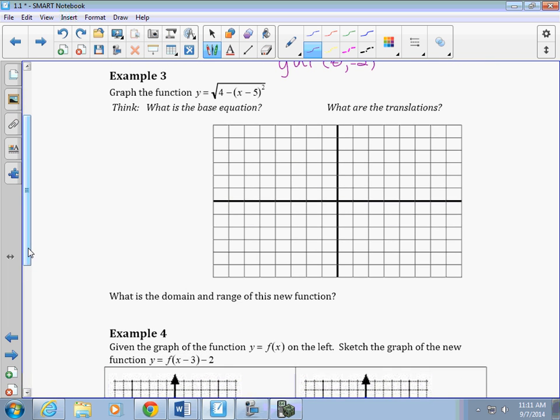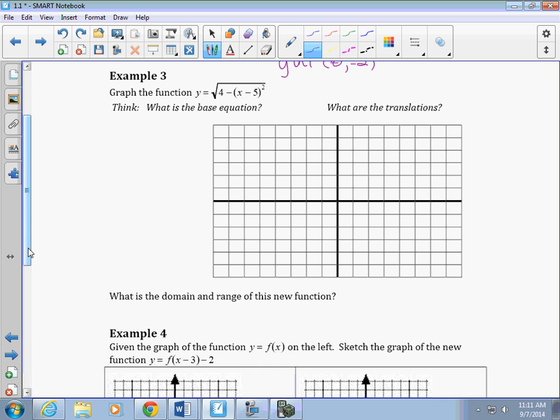So graph the function y is equal to the square root of 4 minus (x minus 5) all squared. So what is the base of this equation? I need to take out the translation.